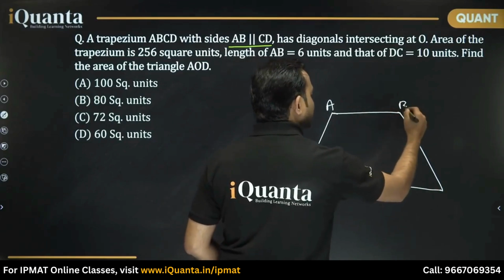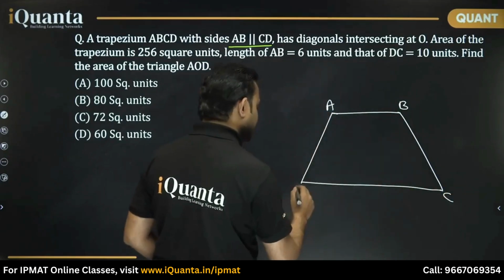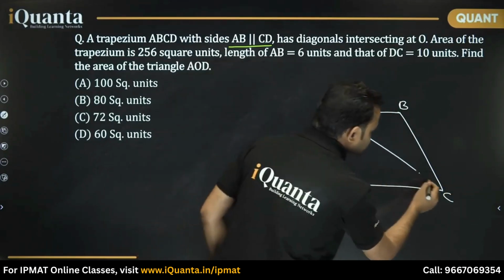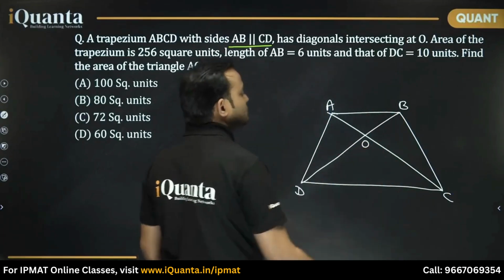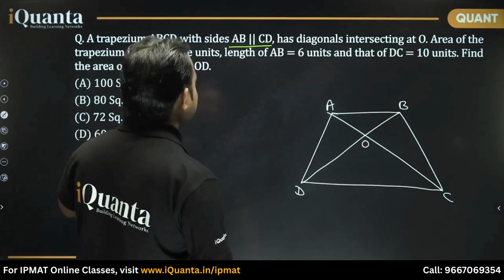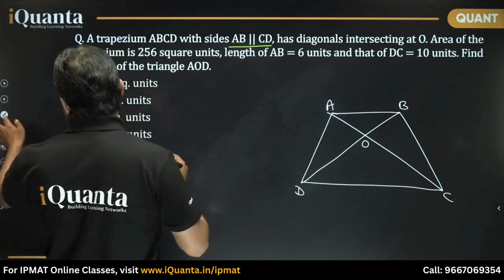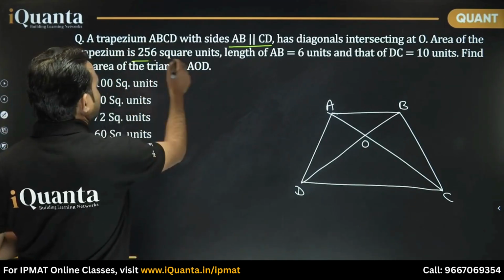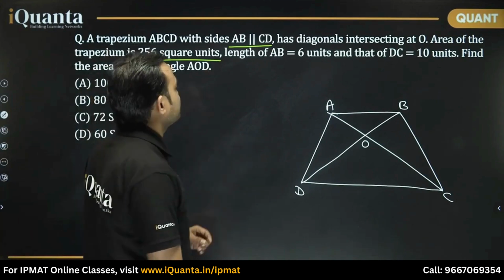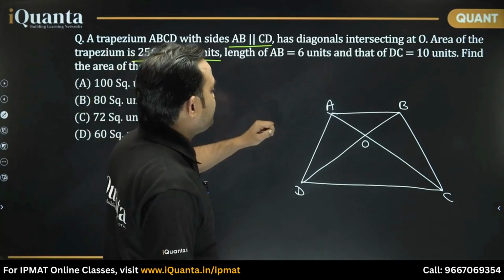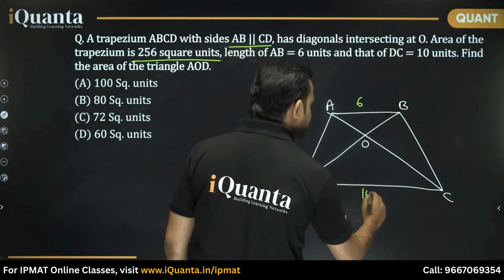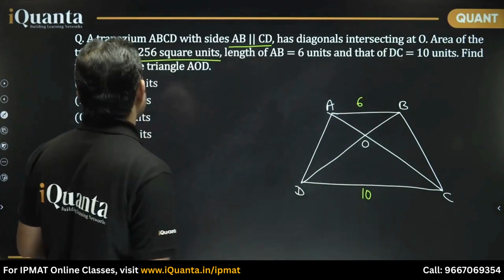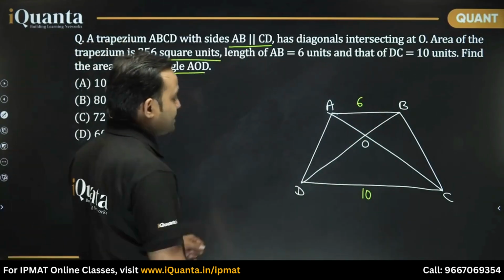So A, B, C and D. The diagonals intersect at O. So this is O. Now it says the area of the trapezium is 256 square units. Length of AB is 6. This is 6. Length of DC is 10. Find the area of the triangle AOD.